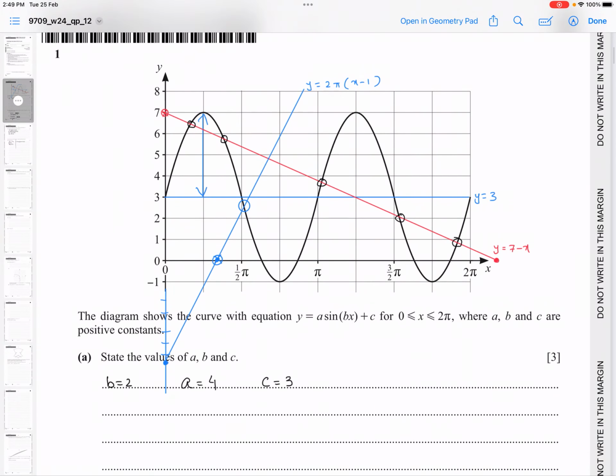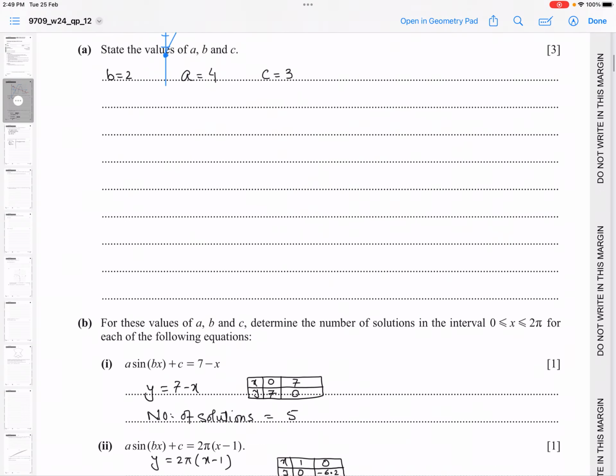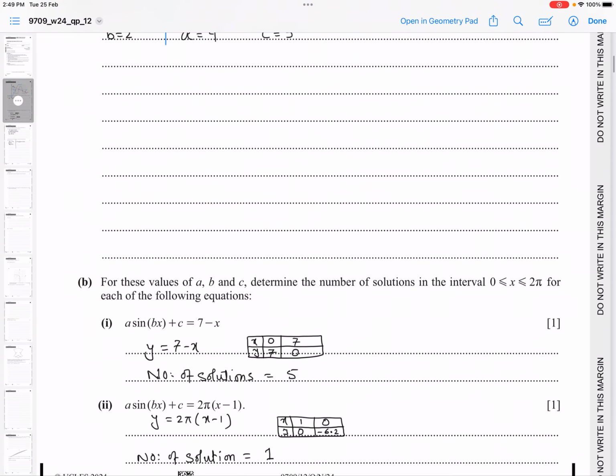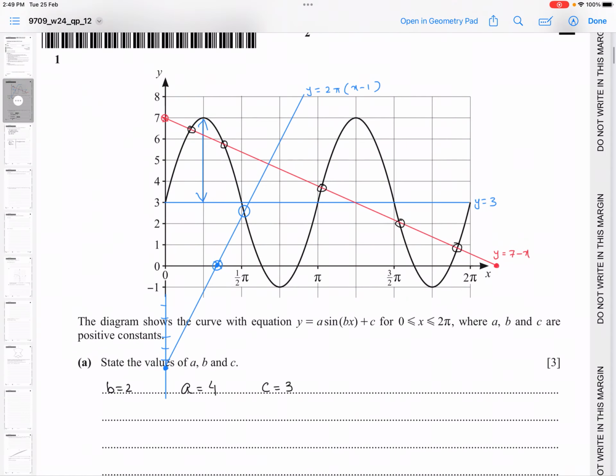This is the red marking on 7. Here x is 0 and y is 7. The next point is x is 7 and y is 0, and x equals 7 actually comes after 2 pi, so I have marked this red dot somewhere here.